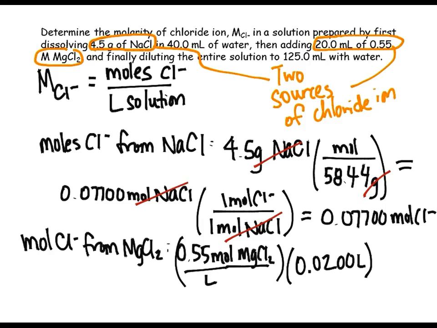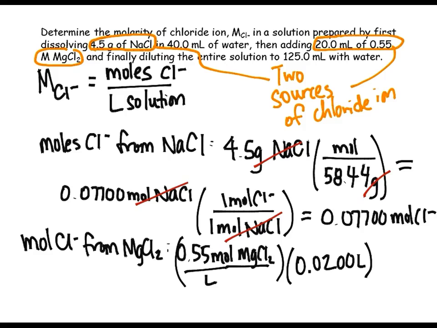Now the magnesium chloride is a little bit different because it is a solution. So we have 0.55 moles of magnesium chloride per liter. That's molarity. It's a good idea to write that uppercase M that you're given in its base units of moles per liter. If you rewrite it in moles per liter, it's more obvious what to do with it.